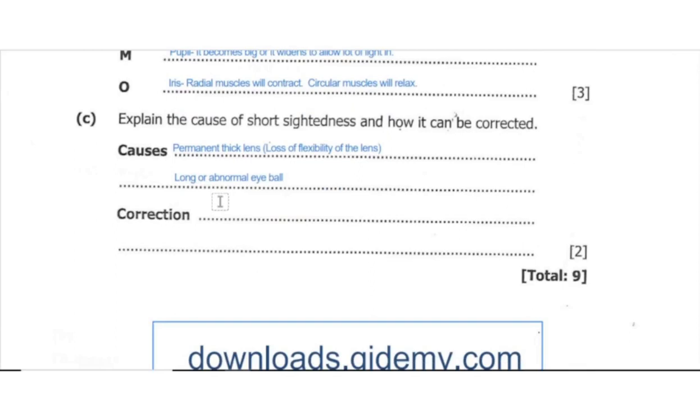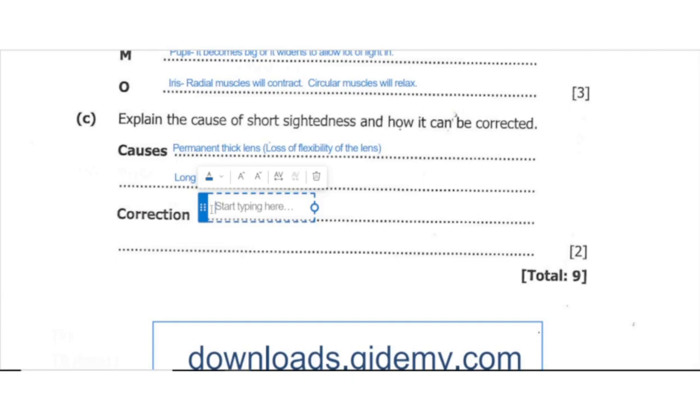How do you correct this one? For someone to be able to see from afar, we need to buy him or her spectacles that have concave lens. To correct that, you use concave lens.